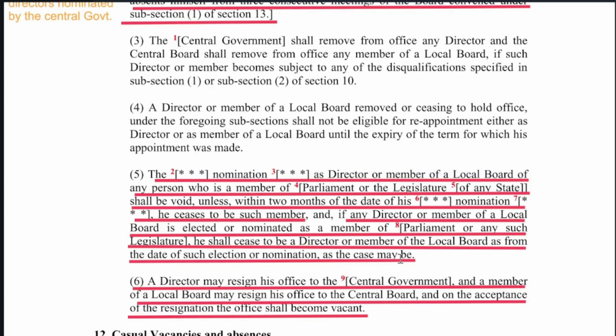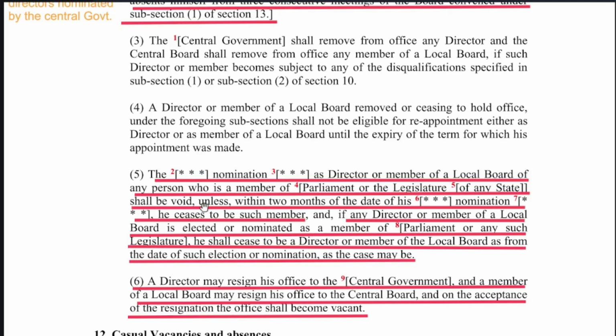Say, for example, if a member or director of a local board becomes elected as a member of parliament or a state legislature, then from the date of that election or nomination, that concerned person will cease to be the director or member of the local board.